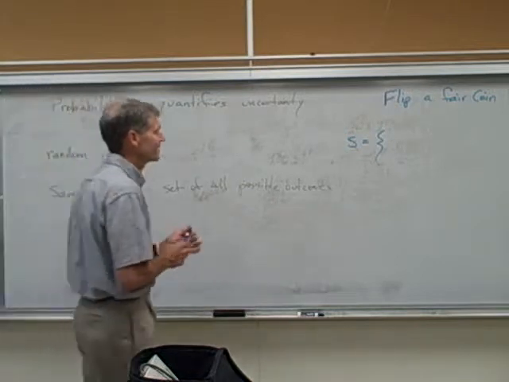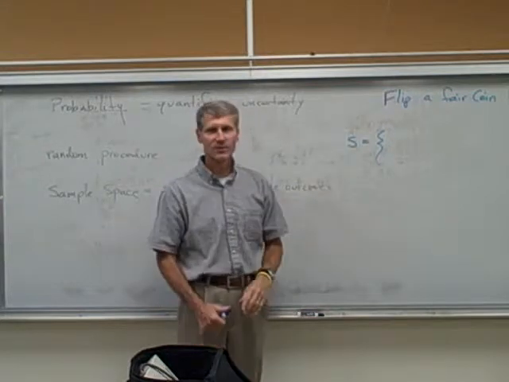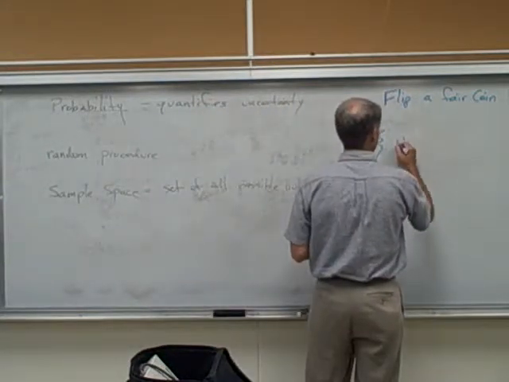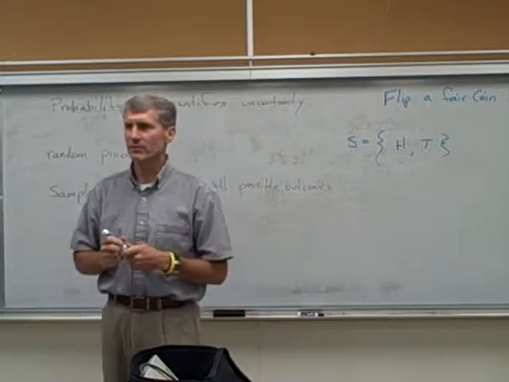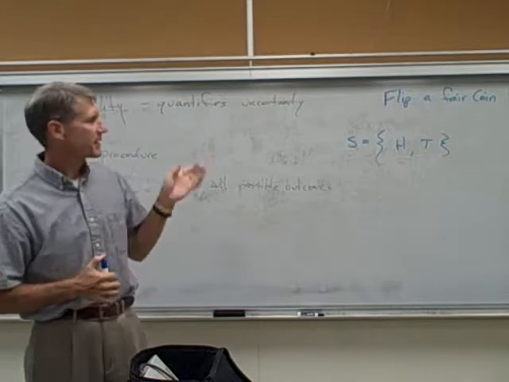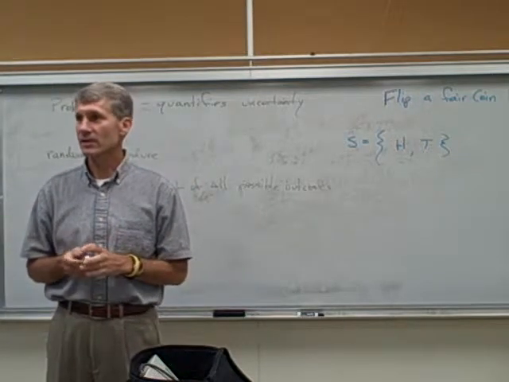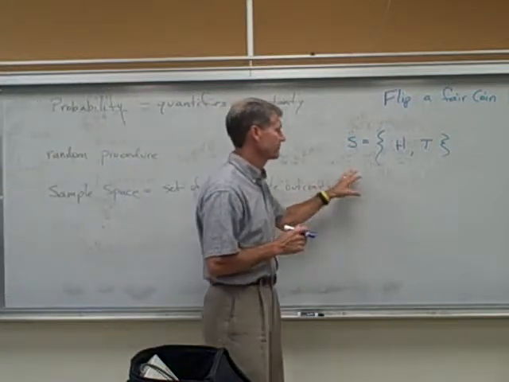Okay. What are my possible outcomes if I flip a fair coin? Heads or tails. So I'm going to denote that with an H and a T. And that's typical. We'll typically use capital letters, single letters, to denote a particular outcome or a particular event.